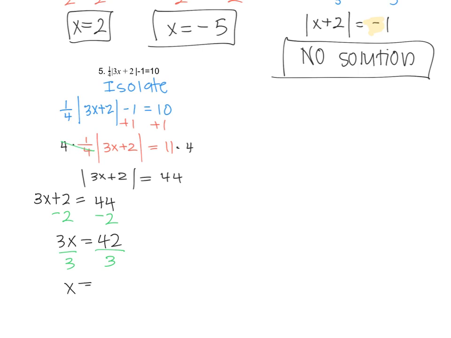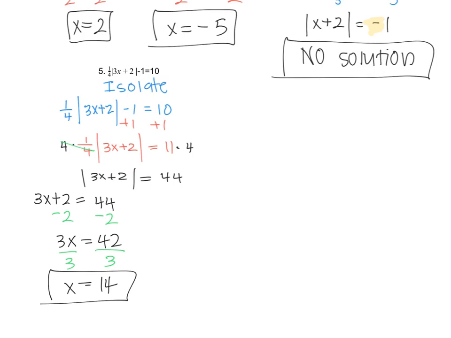And 42 divided by 3 is a whole number, and it's going to give us 14. So if I plugged 14 back into my original absolute value before we isolated it, and evaluate it, and then multiply it by 1/4 and subtract 1, we're going to end up with 10.